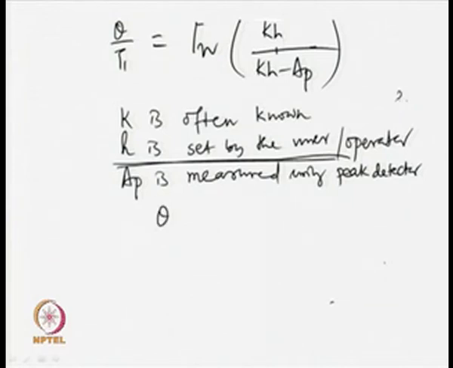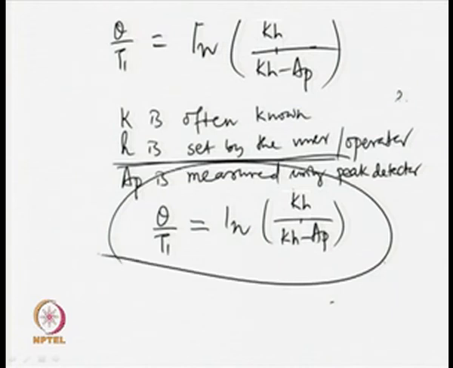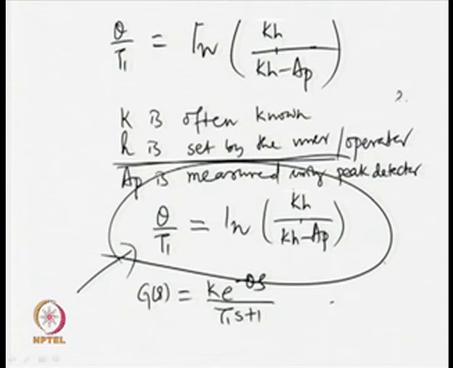parameters: the ratio between the transfer function parameters theta upon T1 is h ln k h upon k h minus A p. So, thus the model parameters that we had in the transfer function model, k e to the power minus theta s upon T1 s plus 1, the ratio between the two parameters is obtained using this expression.